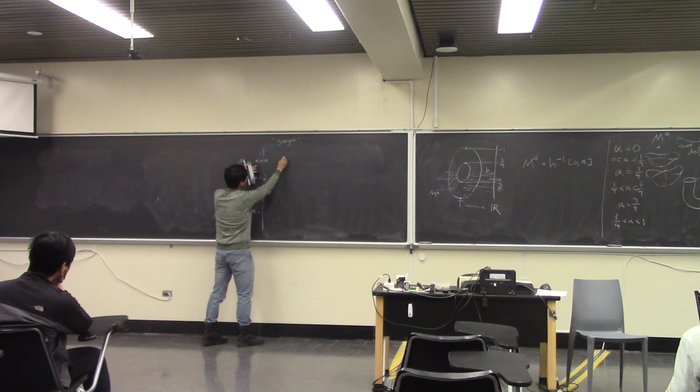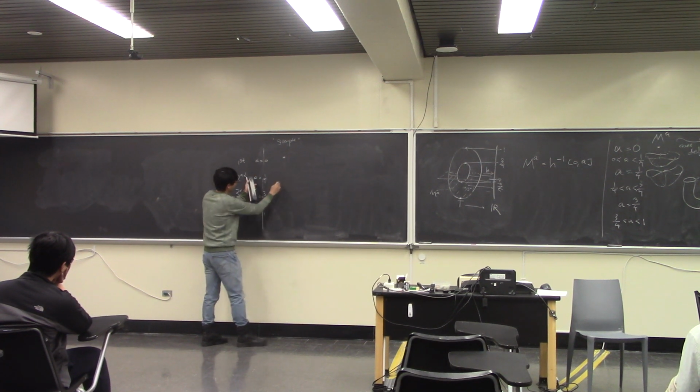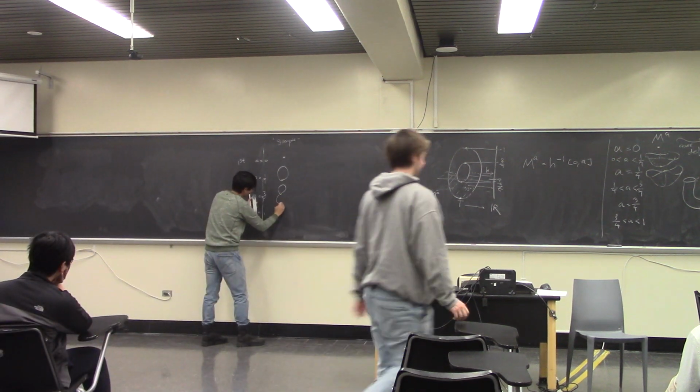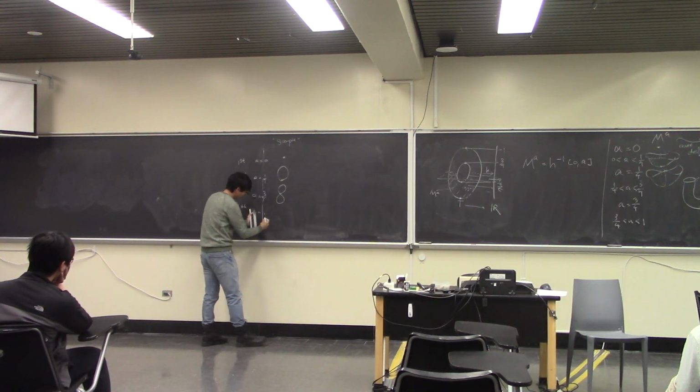Over here it is just a point. Over here it is just a circle. Over here it is a circle identified at a single point, so it's a wedge of two circles. And over here it is a single torus.